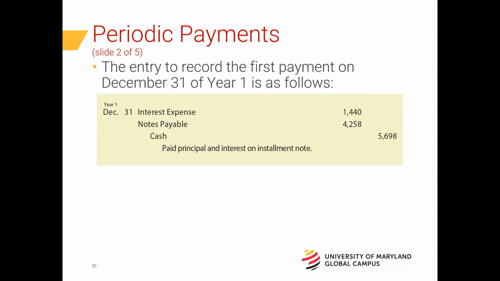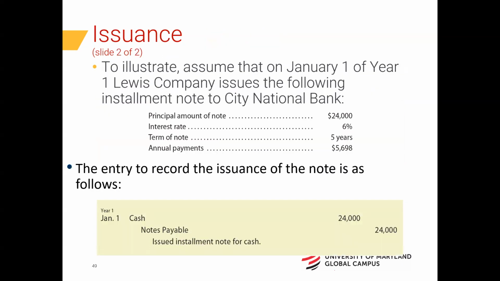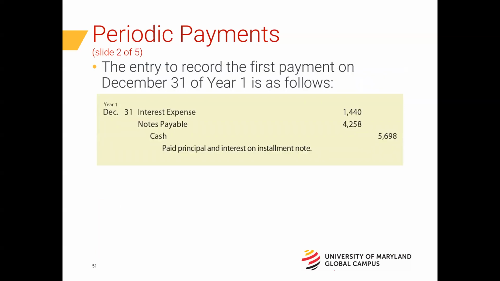You could take your initial 24,000 divided by 5 years to get your principal amount, and obviously the difference is going to be interest. There's a couple ways of calculating it, really. One of the best ways is with a financial calculator.